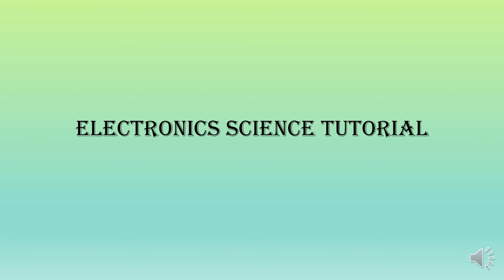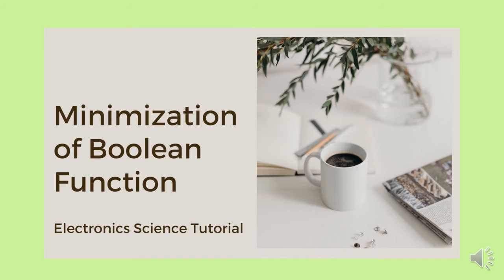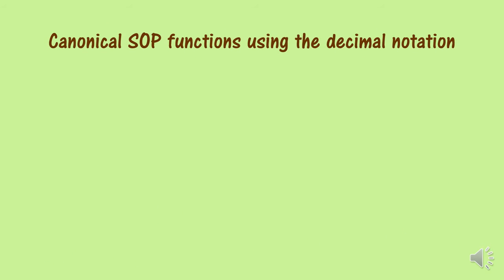So let's get started. In today's class, we talk about the minimization technique of Boolean function or Boolean expression. So, what is canonical SOP function and how it is represented by decimal notation?